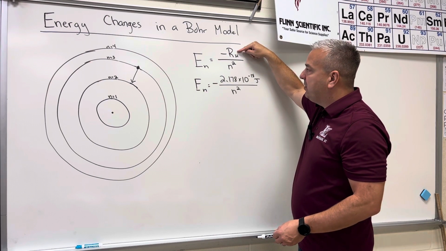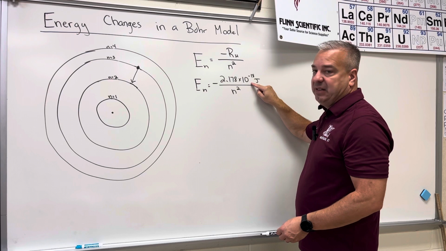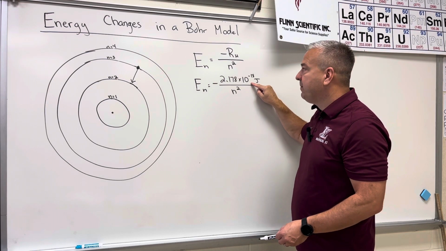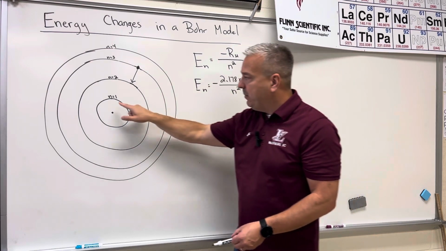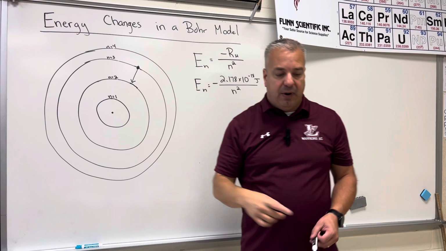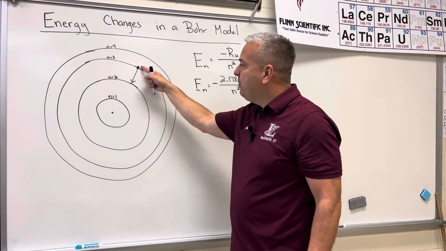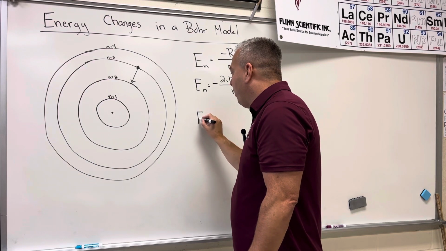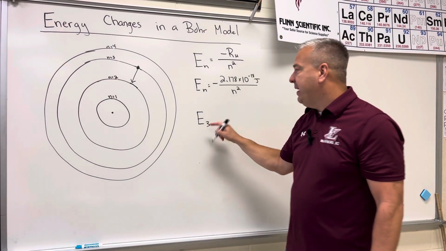So this is the Rydberg's constant, which is equal to negative 2.178 times 10 to the negative 18 joules, and that's all divided by n squared. Now remember, n is the ring that you're on, and also our principal quantum number. So if we're starting at n equals 3, let's figure out what would the energy be on the n equals 3 ring.